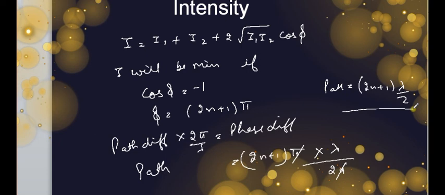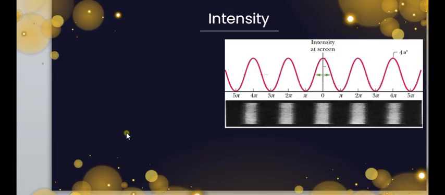I hope this is clear to you. So that's all, students. This is what we have covered in the section on interference today. Now I am going to show you the variation of intensity on the screen with the phase difference. At the odd multiples of pi you are getting minima everywhere, and at the even multiples you are getting maxima.